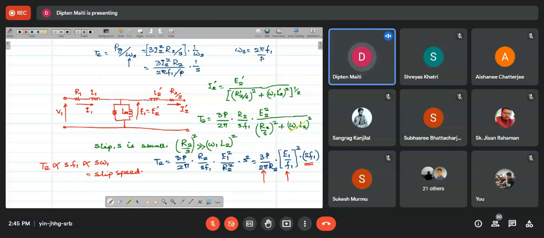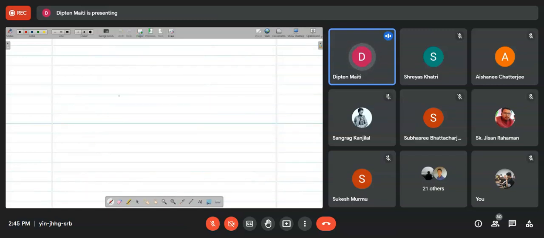So how can we do that, we would come to that. However, if we can do that, what would happen? The torque would be proportional to the slip speed. What does that mean?